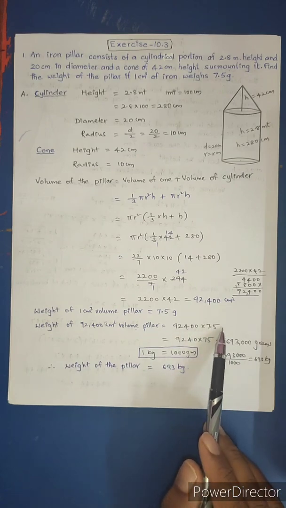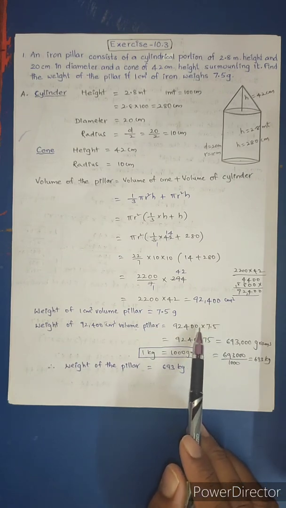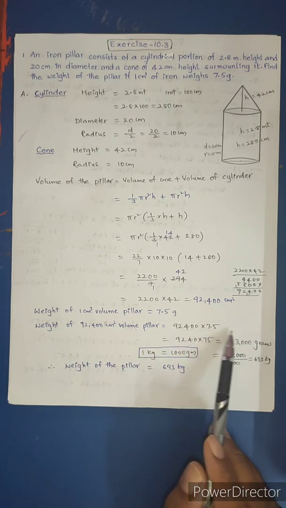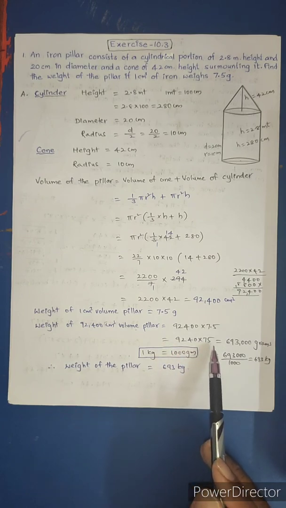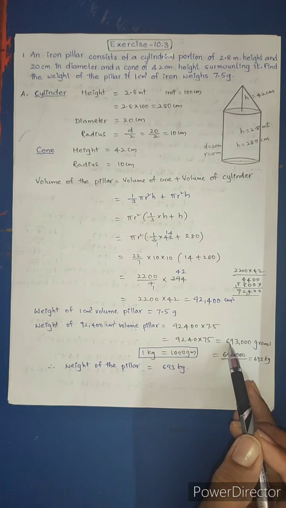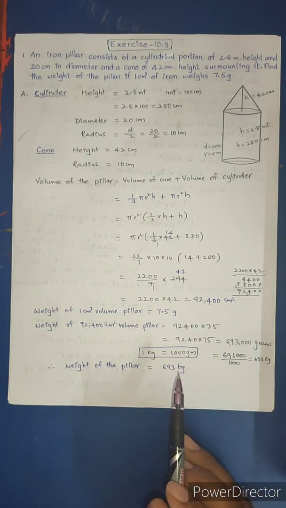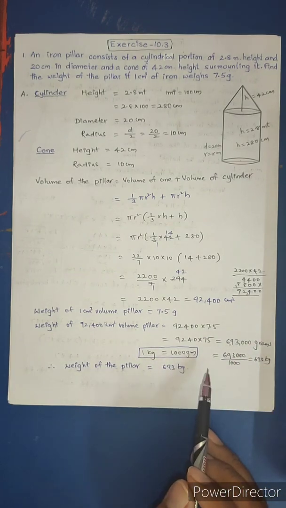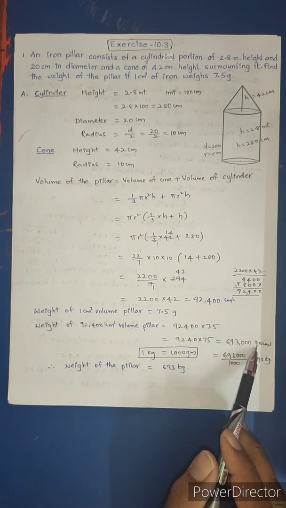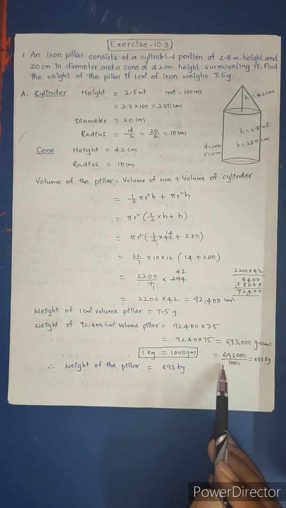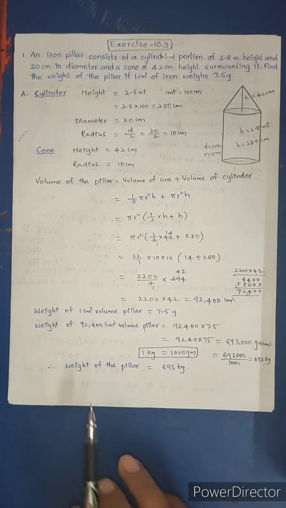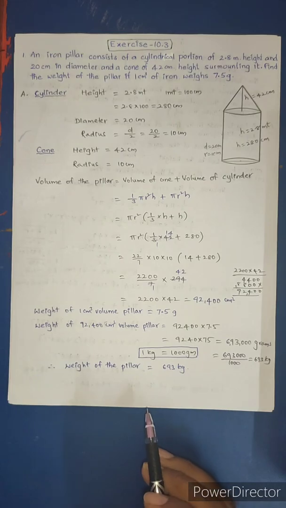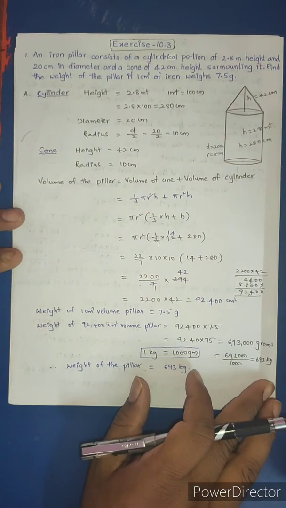To remove this decimal point, multiply with 10, and reduce by 10 to remove the decimal point. 9,240 into 75 is 693,000 grams. 1 kilogram is 1000 grams, so convert this value into kilograms by dividing with 1000. 693 kilograms. Weight of this iron pillar is equal to 693 kilograms.